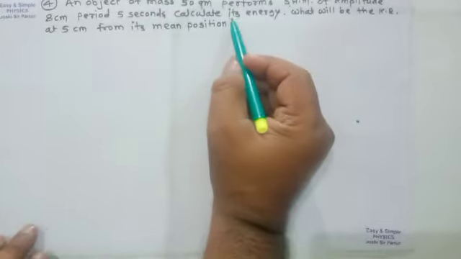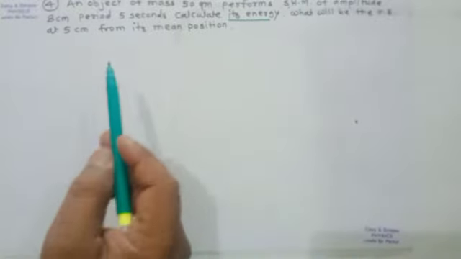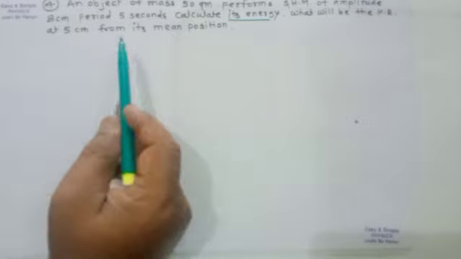Again, if an object of mass 50 gram performs simple harmonic motion of amplitude 8 cm and period 5 seconds, calculate its energy. What will be the kinetic energy at 5 cm from its mean position? See here, its energy means kinetic energy at 5 cm from mean position.